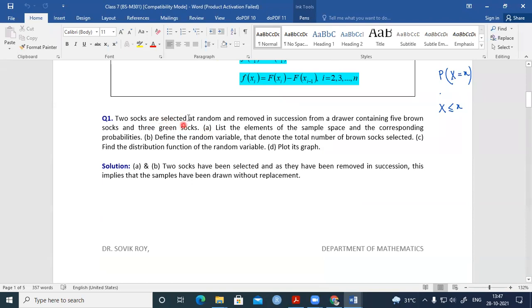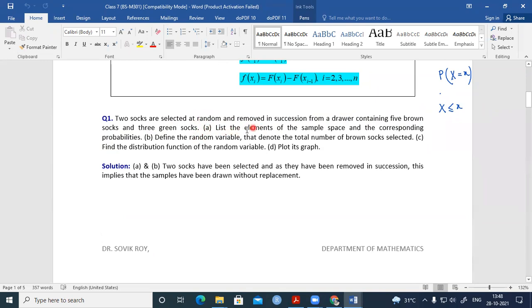The problem itself is not very interesting, because it may seem a very silly problem, and it's not at all an engineering problem. But I have selected a very simple problem to make you understand how to calculate this distribution function. So 2 socks are selected at random and removed in succession from a drawer containing 5 brown socks and 3 green socks.